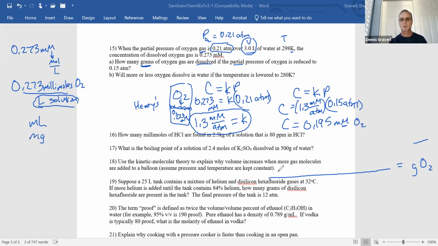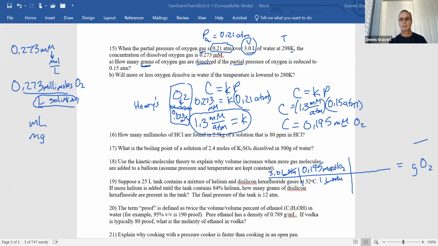That's what we want to start with. So 3.0 liters of solution. And then we're going to multiply by this number, which is 0.195 millimoles of oxygen in 1 liter of solution. And this is 3 liters of solution. Liters of solution cancel out.